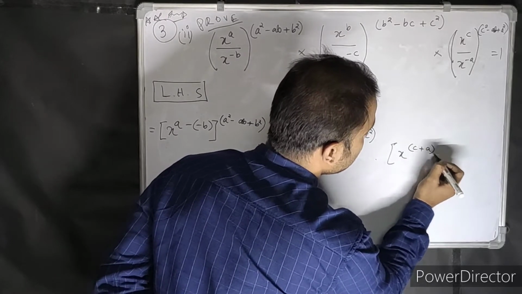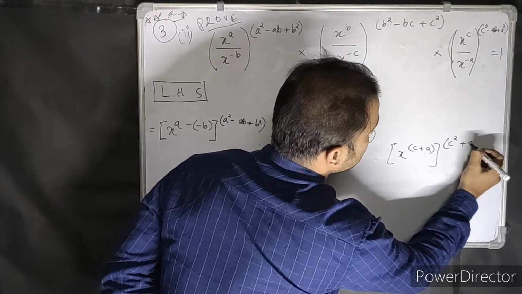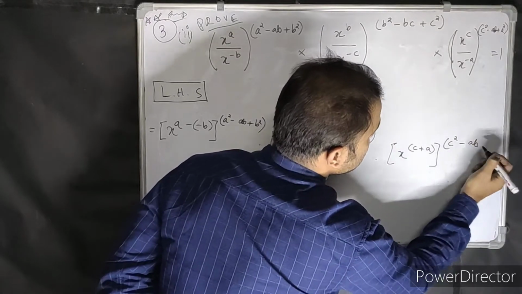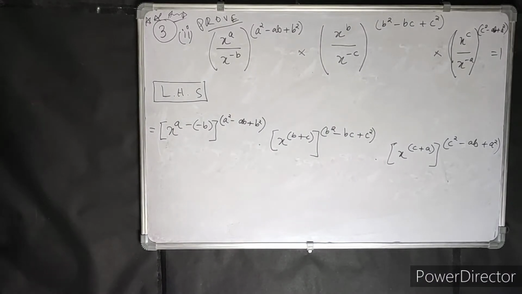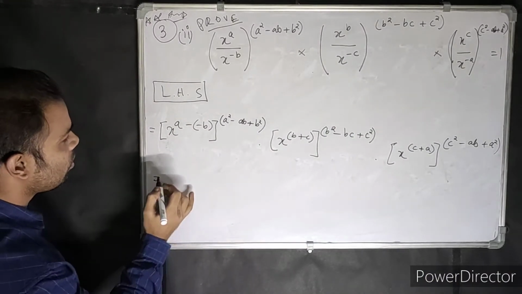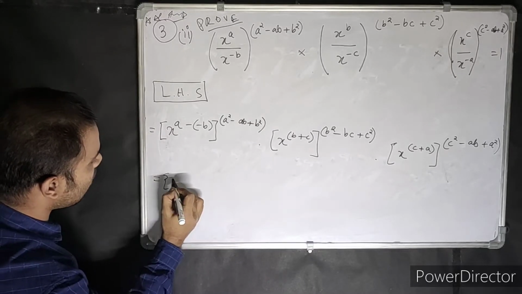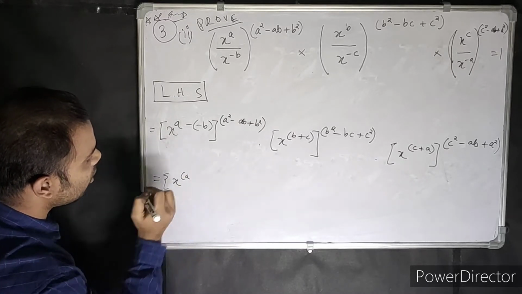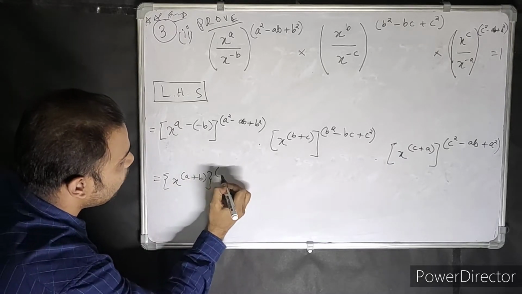x to the power c plus a, whole to the power c square, it's not plus, minus ca plus a square. From here, of course, you're going to multiply. Let's write one more step, because you wanted to show it over here. So b plus c, I'm putting this bracket.